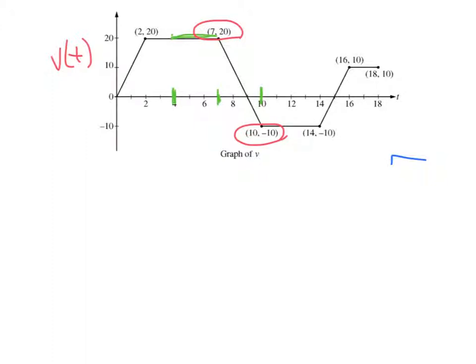And these are just lines. So I write the equation of the line. I'm going to say velocity is equal to, again, piecewise. What is the equation of this first line? It's just a horizontal line at 20. So I would say 20, for 4 less than t less than 7.